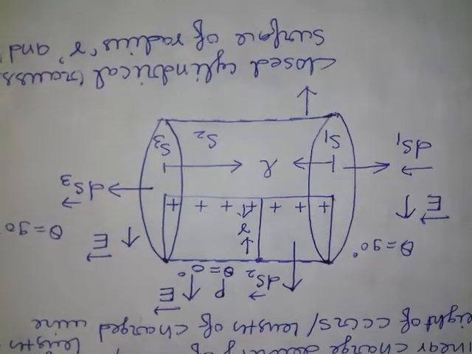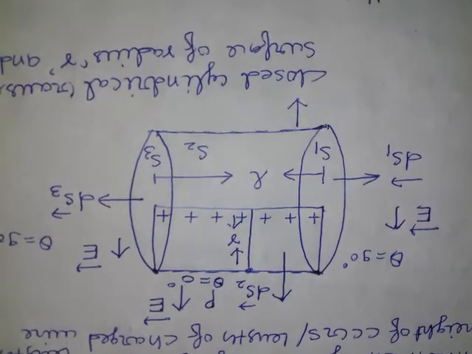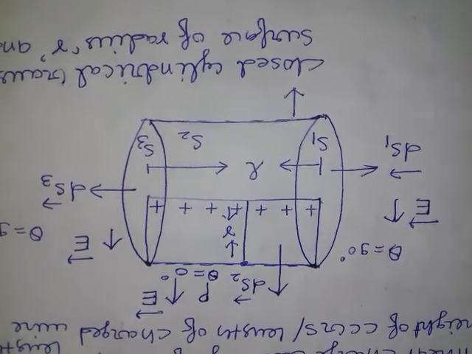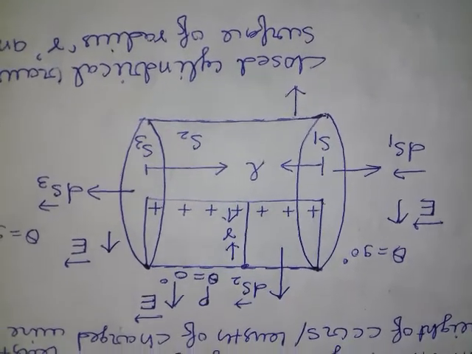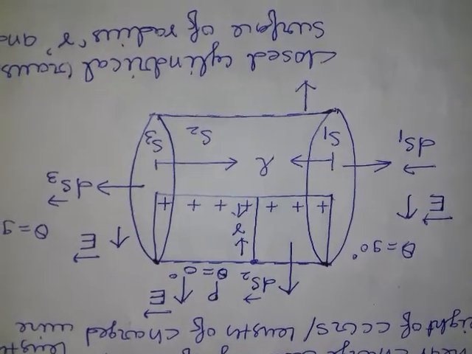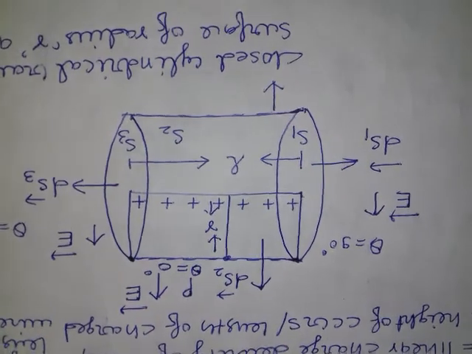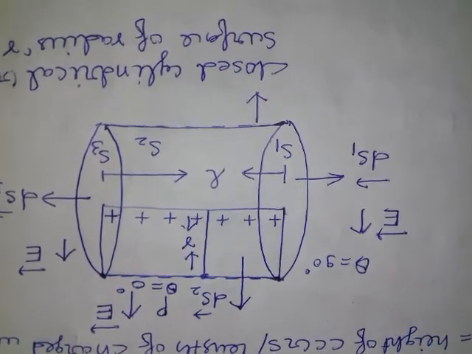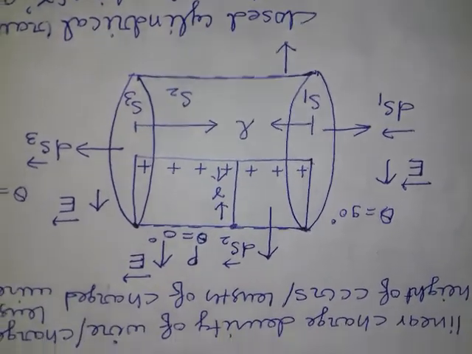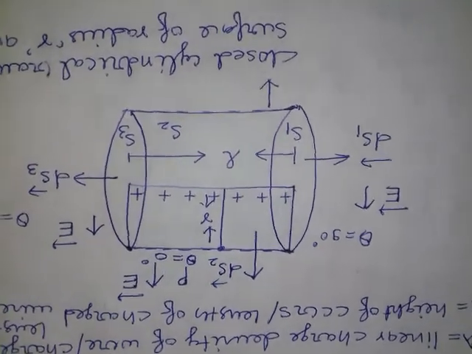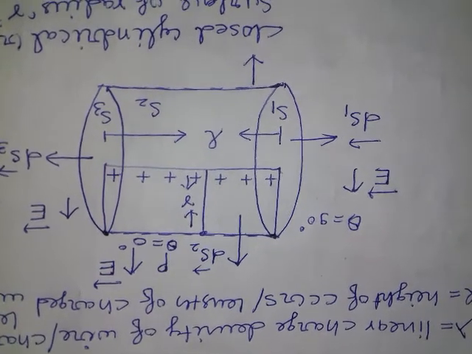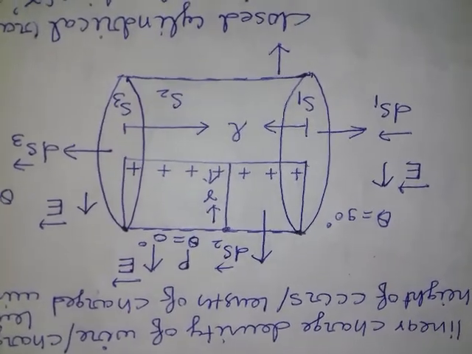You see this closed Gaussian surface has three surfaces, S1, S2 and S3. S1 and S3 are the circular extreme ends of the cylinder, and S2 is the curved surface. The area vectors of S1 and S3 are perpendicular to the surface, outwards, and the area vector dS2 of the curved surface is away from the charged wire, as shown in the figure.